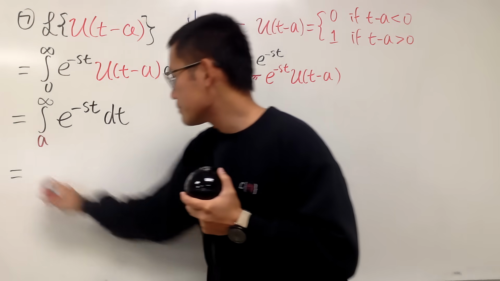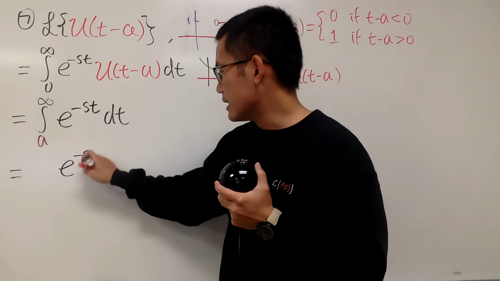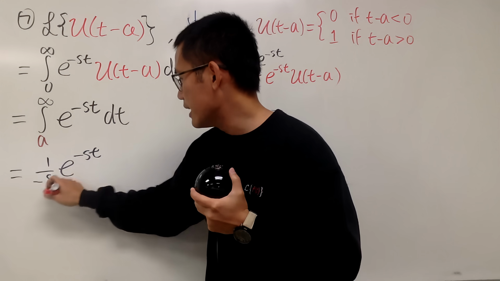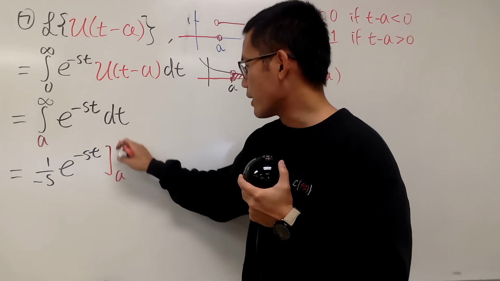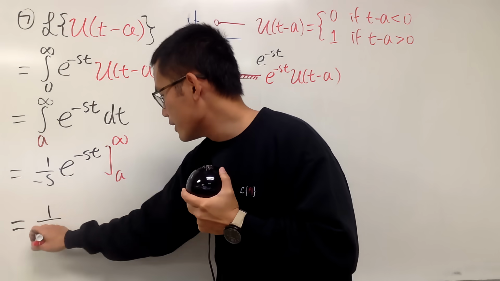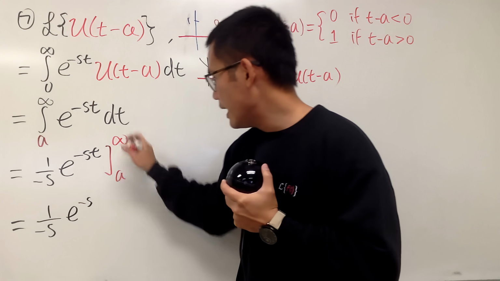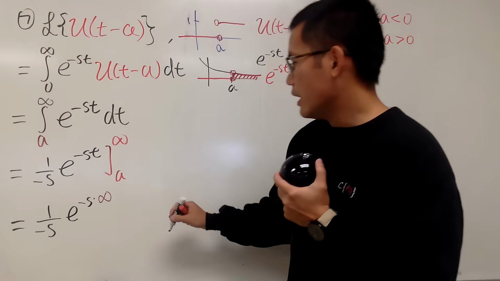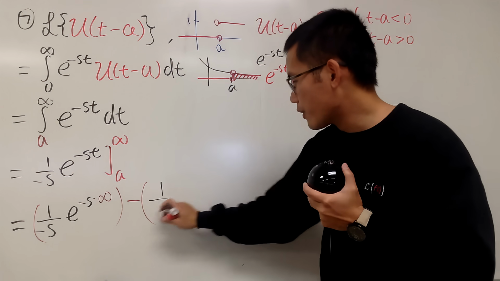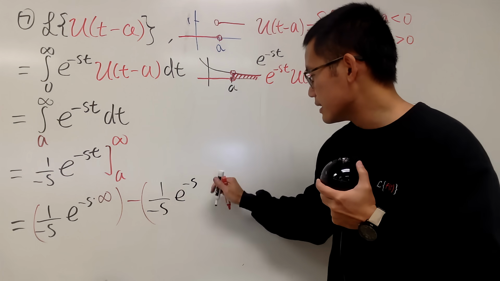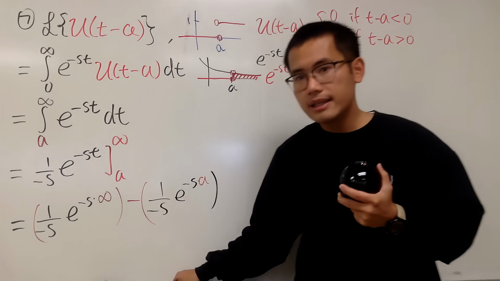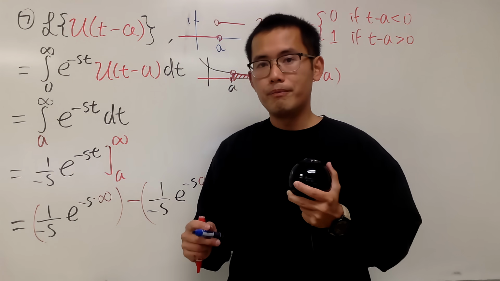Integrating this gives e to the negative st, divided by the negative s, which is 1 over negative s, and then we plug in going from a to infinity. When you put infinity here, the first part is 1 over negative s, e to the negative s times infinity, and then I have to subtract the second part, 1 over negative s, e to the negative s a. Is the first part going to be 0?